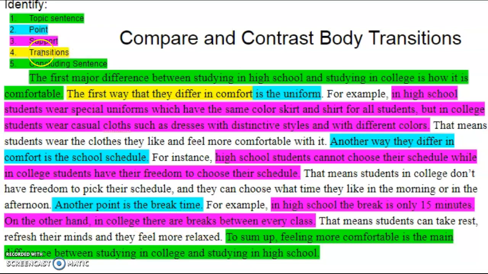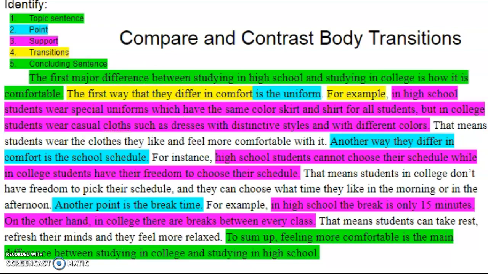Next, we're looking at transitions. And we're using this word in a very loose sense, meaning every time we're going from a topic sentence to a point, to an example, and anywhere in between. So here, "the first way that they differ" can be seen as a transition.